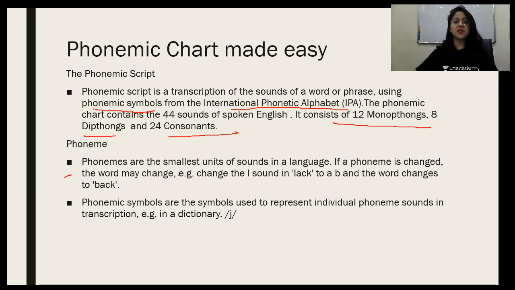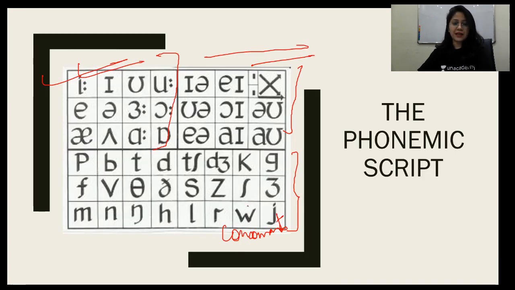Phonemic symbols are the symbols. If you go back and look at the chart, each and every phoneme out here is told to the listener through a symbol. Also, being aware of the phonemic chart is going to help you read the words correctly in a dictionary.